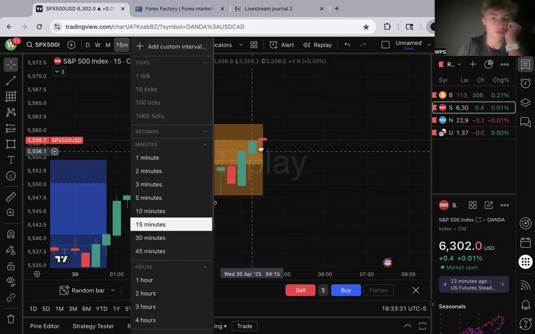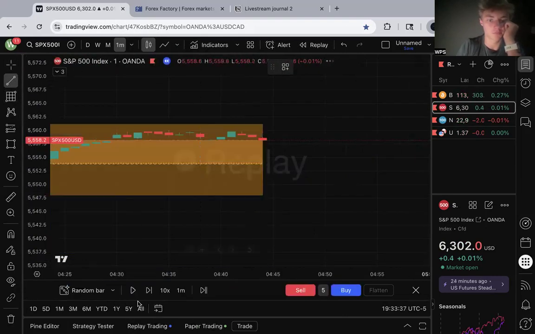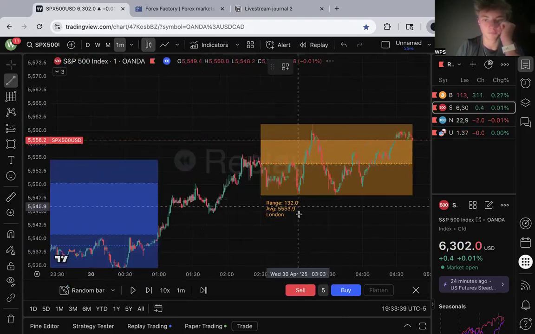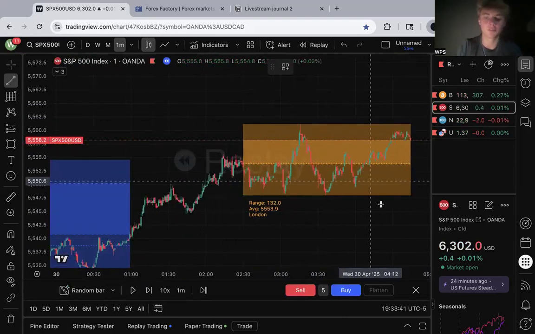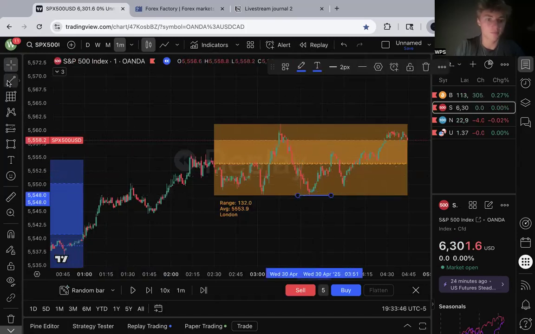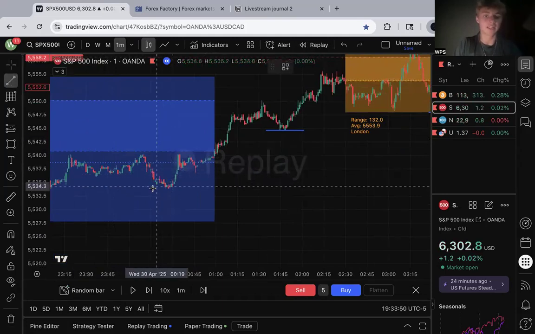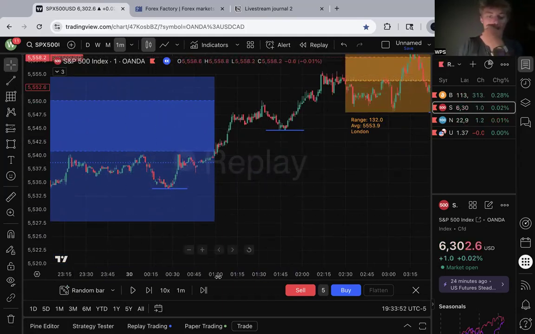There is liquidity lying below here. Looks like it got taken out. Yeah, right here, that's a perfect example of liquidity sweep. Still below here, and lastly, likely below here.